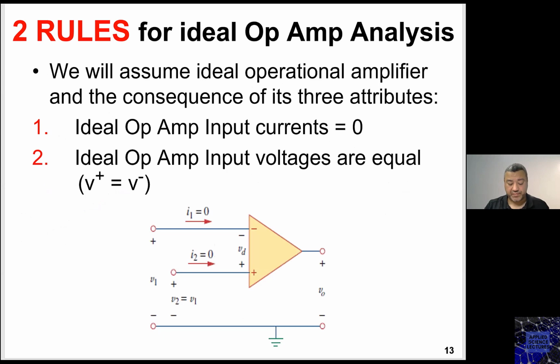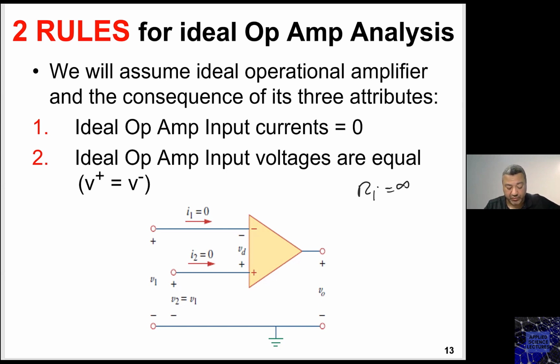Now, since Ri is infinity, what's going to happen? If Ri is infinity, this means there would be no current withdrawn through this input resistance.